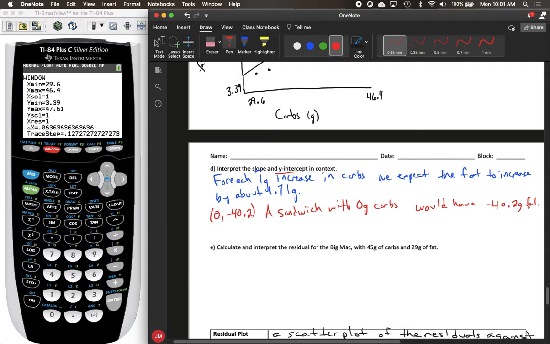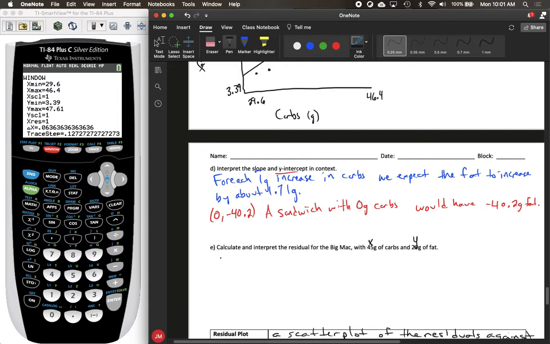But in part E, let's talk about the residuals. This is our chance to practice once again calculating a residual. As a reminder, we've got 45 grams of carbs as our X value, and 29 grams of fat as our Y value.